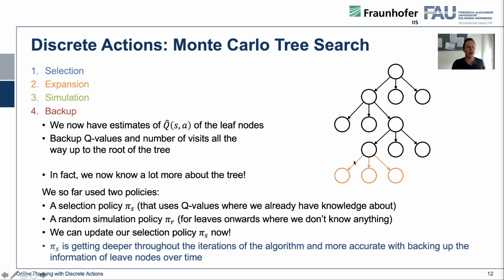So in fact, our selection policy pi s is getting deeper and deeper throughout all the iterations of our algorithm, and with time it will get more and more accurate with the information being backed up from all of the leaf nodes all the way to the top over the iterations. So this is how with Monte Carlo tree search we come up in the end with a selection policy that is a pretty good estimate of what we actually want to do.